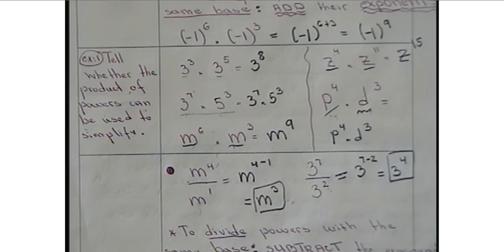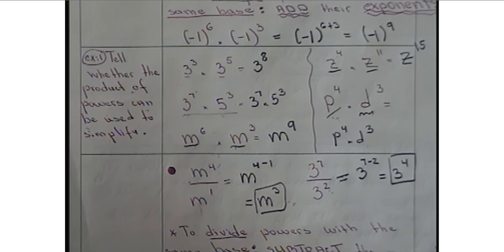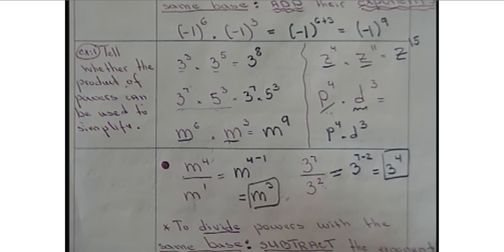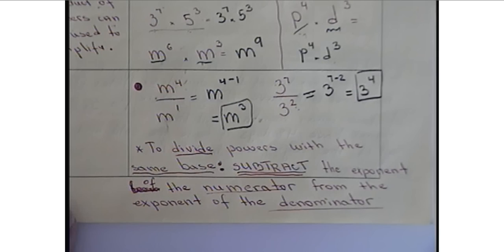I hope you agree with me that multiplying and dividing powers is an easy thing to do. Just remember that for multiplication we add exponents, and for division we subtract exponents. And here's the rule, so go ahead and copy that. This is the division rule.